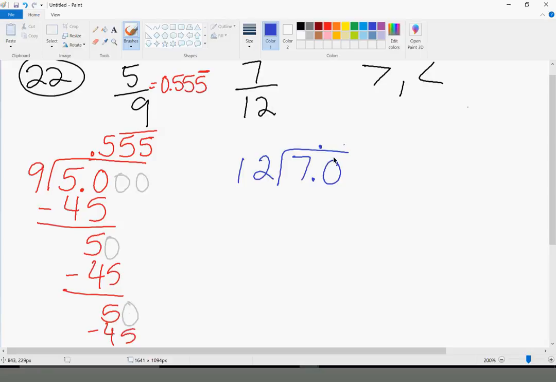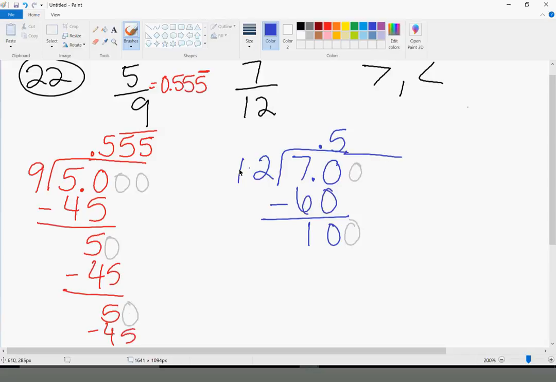That's too big. So 12 divides into 70 5 times, because 5 times 12 is 60. I'm going to subtract. 70 minus 60 is 10.